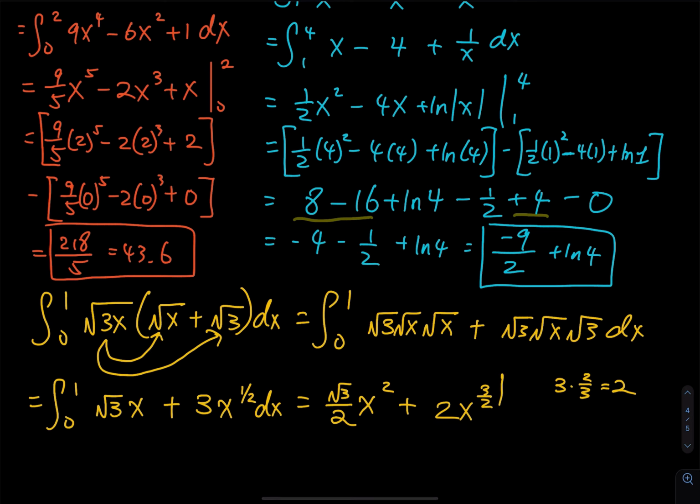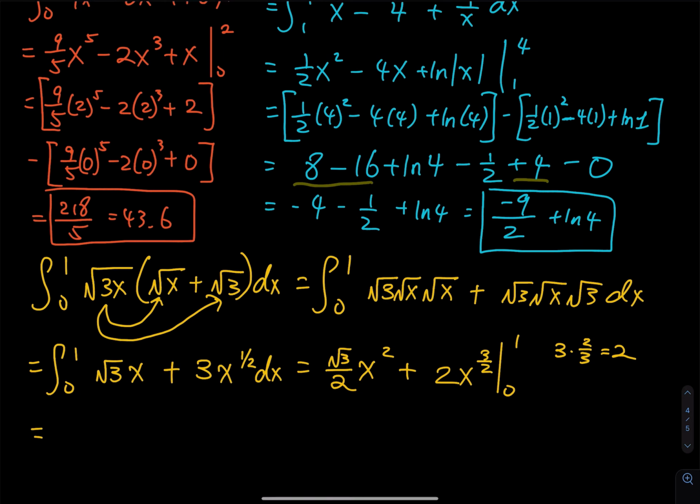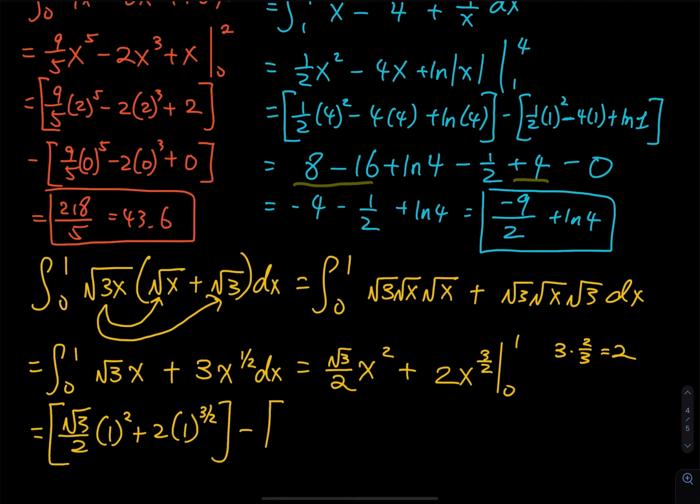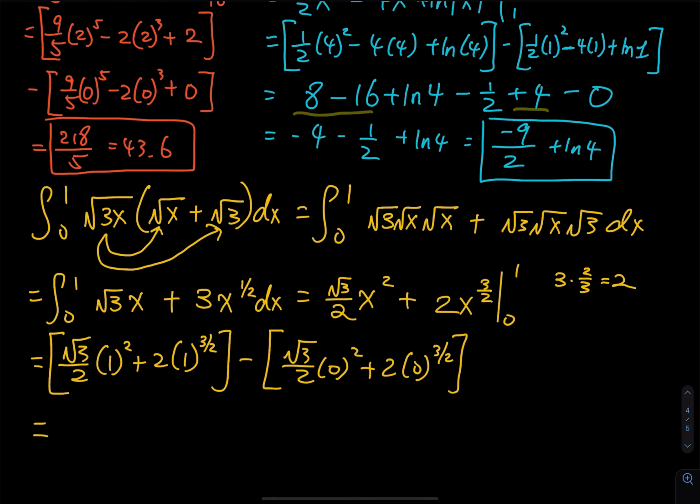And then such that x goes from 0 to 1, so plug in a 1, simple math: root 3 over 2 times 1 squared plus 2 times 1 to the 3 over 2, so this is the upper limit. For the lower limit, once you plug in a 0, everything is gone: 0 squared, and then plus 2 times 0 raised to 3 over 2. And then what do we have at the end? We have root 3 over 2, and then plus 2.